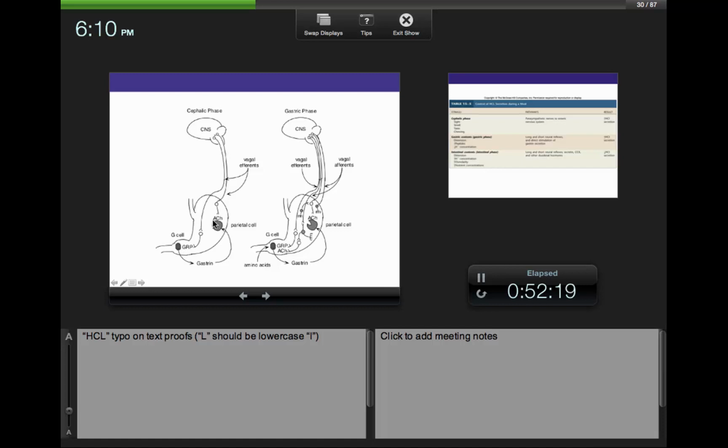You're already getting some acid secretion through the parietal cells because of the acetylcholine released through these vagal efferents. The vagal efferents also trigger the release of what's called GRP, or gastrin-releasing peptide. That triggers those G cells right here to release gastrin. Remember, that's a true hormone, so it has to enter the blood and then feed back to the parietal cells. So you're already getting a certain amount of acid secretion.